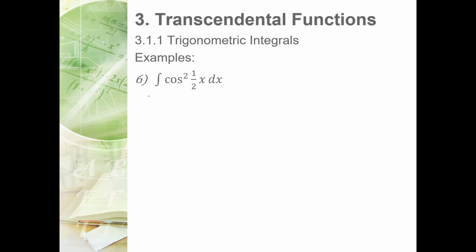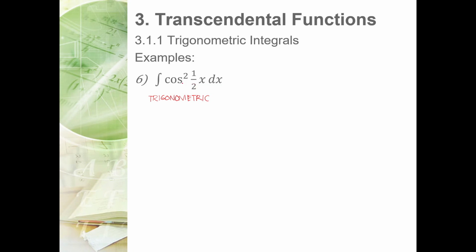So we go back to trigonometric identities. The purpose of trigonometric identities is for us to be able to replace complicated terms with much simpler terms.